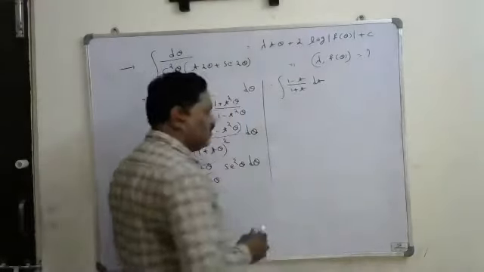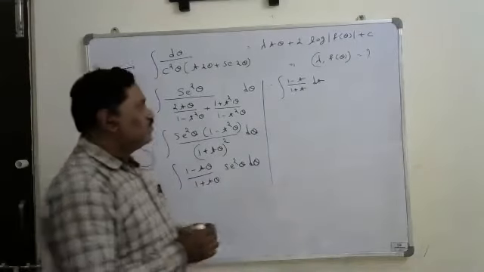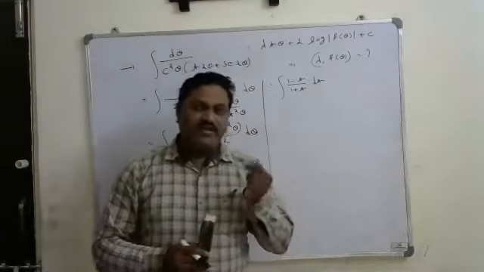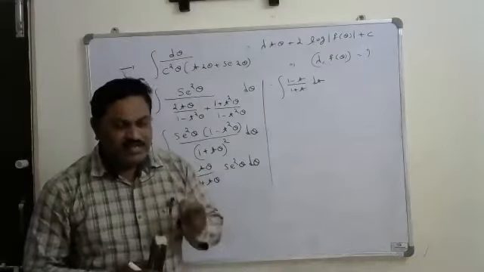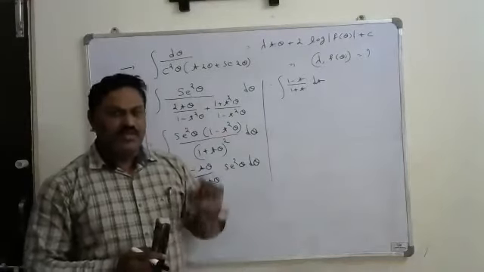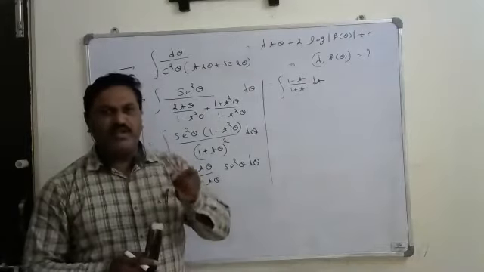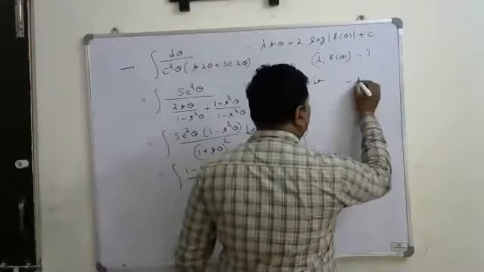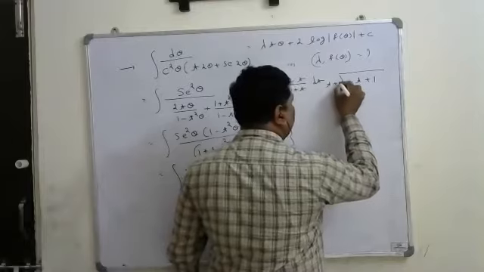For evaluating this, since the numerator and denominator degrees are the same, or when the numerator degree is more than the denominator degree, it is called an improper fraction. If it is an improper fraction, the procedure is that we divide the numerator by the denominator. The numerator is minus t plus 1, and we divide that by the denominator, which is t plus 1.